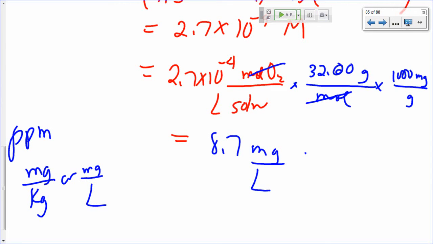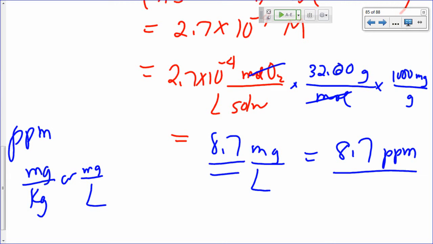Okay? Milligram per liter is ppm, provided the number that goes with it is a small number. When you're dealing with very dilute solutions, a liter of aqueous solution is essentially equivalent to a kilogram of solution, because water has a density of 1 kilogram per liter. Okay?